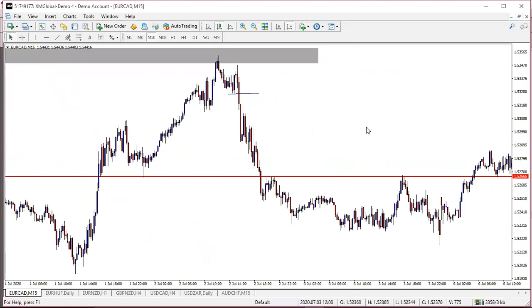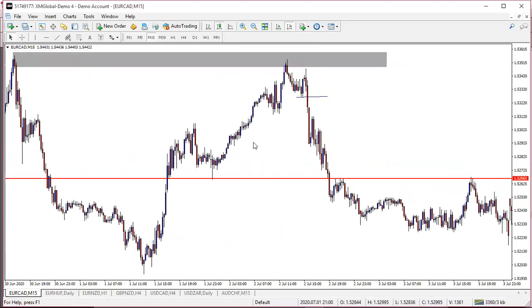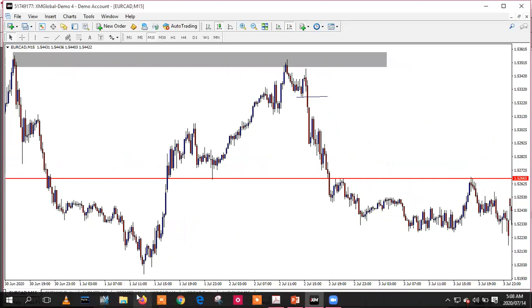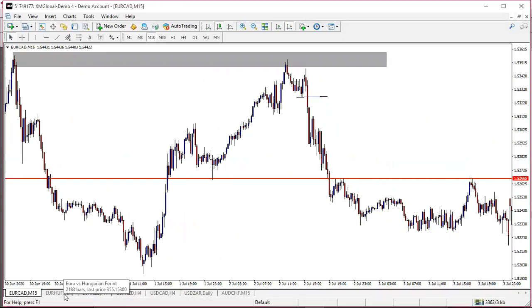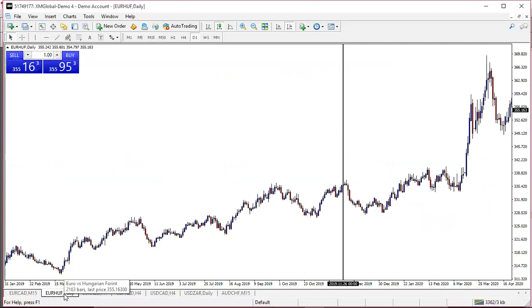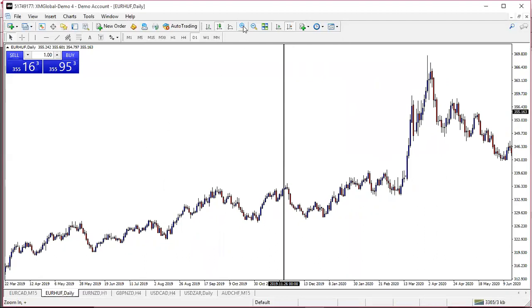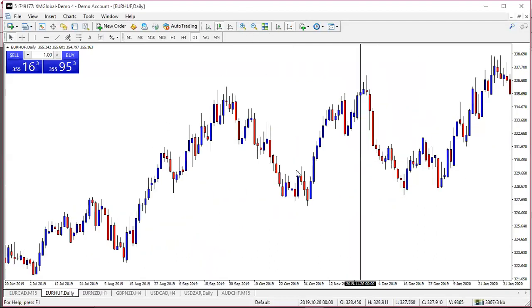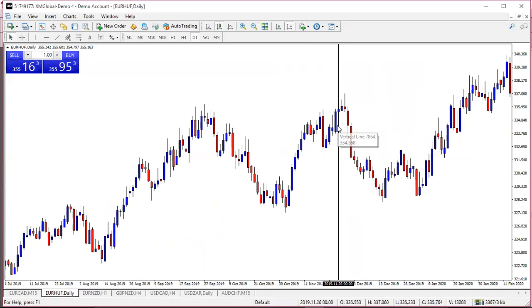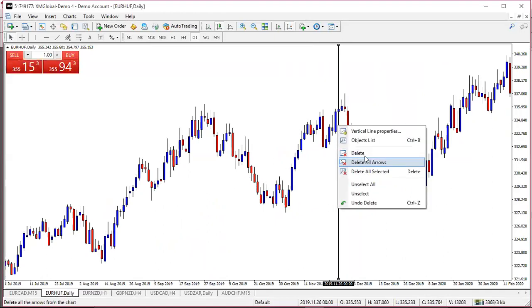I do have other examples here. This was a EuroCAD. Again, they occur on any time frame, but the time frame that you're looking at must meet the requirements that you want. This one is another example, but this one is an invalid one.